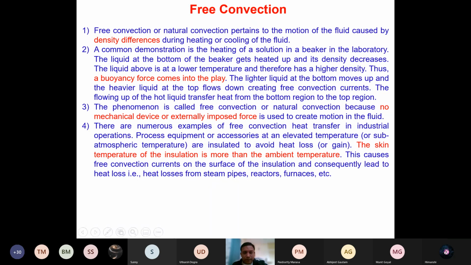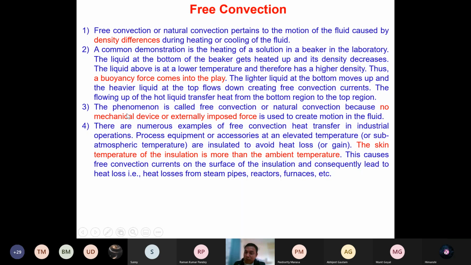Excuse me, sir. Please go ahead. Sir, the example which you gave of boiling water, is this not an example of forced convection because we are applying heat from outside? No. Good, you have pointed this out. Here the motion in the fluid we are not causing by using mechanical elements. Look at the words: we have not used any mechanical device to create the turbulence in the liquid.